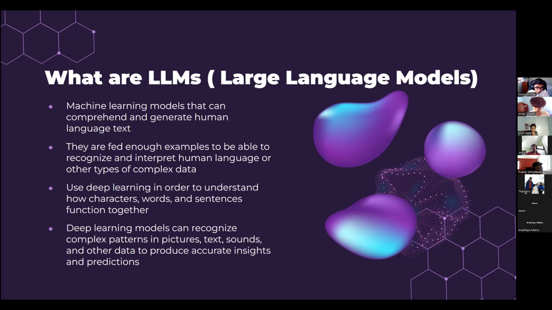with the use of data. So they are fed enough examples to be able to recognize and interpret human language or other types of complex data. And after being fed enough examples of this human language and data, they are able to produce an accurate response that is tailored to your needs. So these models are trained using a large amount of data.